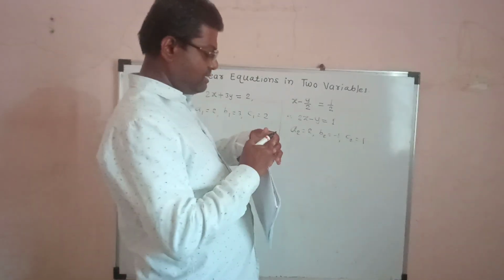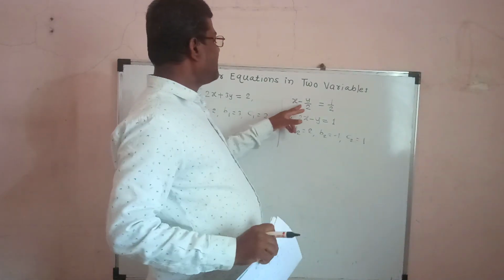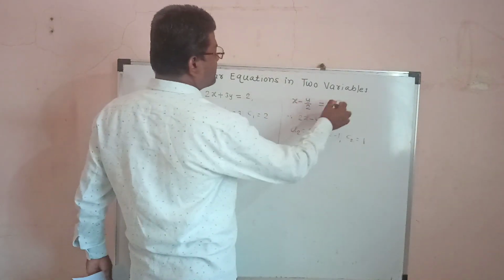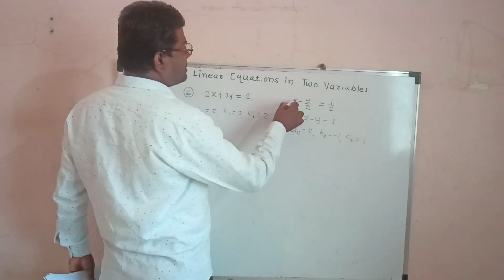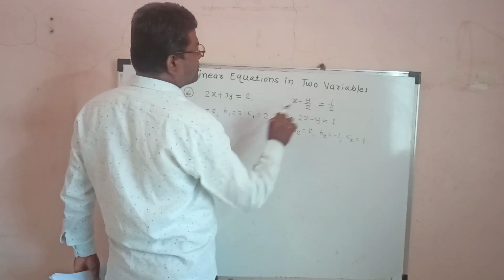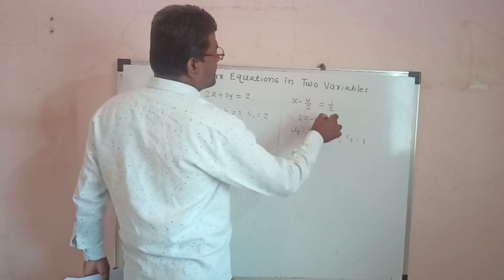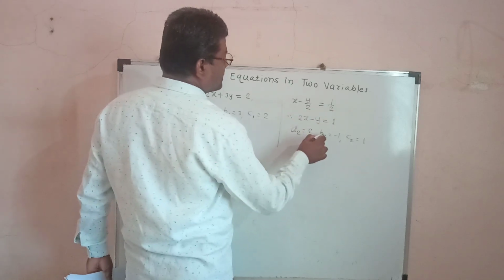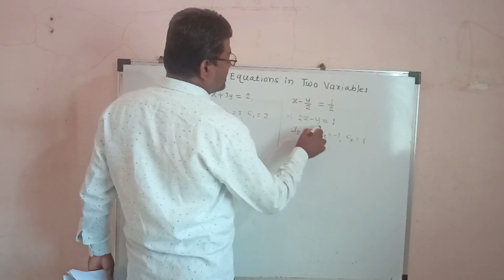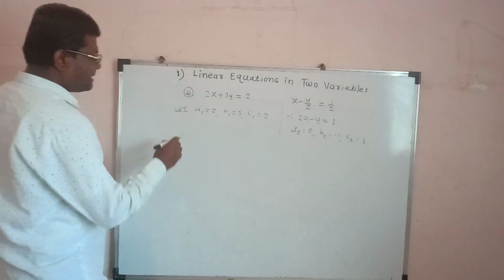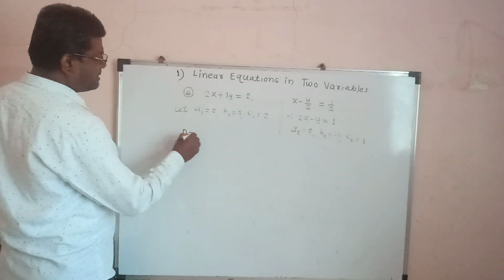Second equation is x minus y upon 2 is equal to 1 upon 2. Multiply both sides by 2. 2 into x, 2x. 2 into y upon 2, y. And 2 into 1 upon 2 is 1. Therefore, a2 is equal to 2, b2 is equal to minus 1, and c2 is equal to 1.